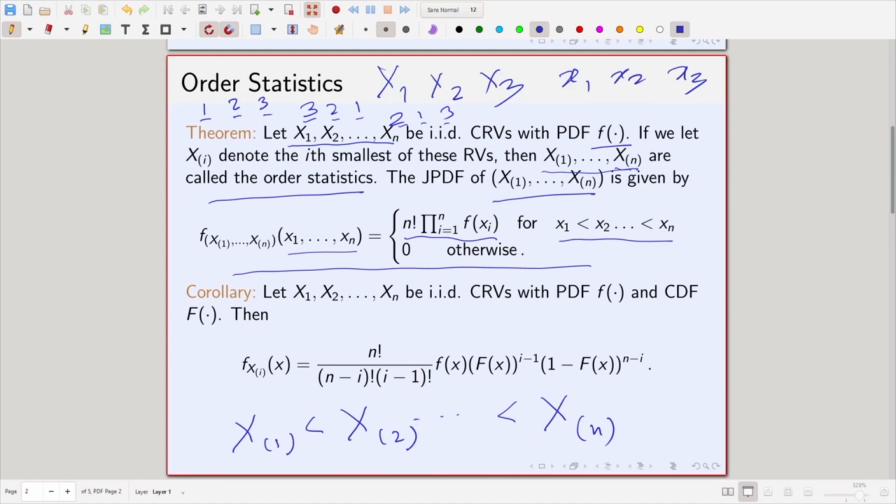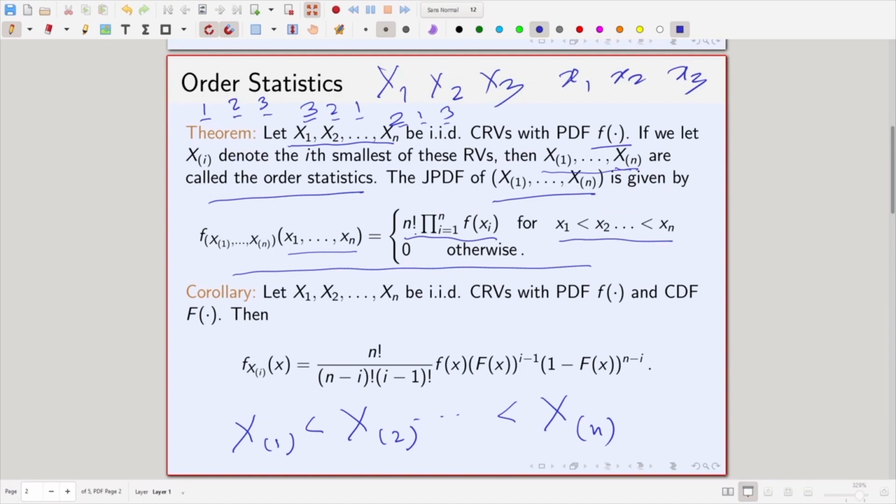But if I just take the numbers and order them, they give me just one thing, 1, 2, 3. So if you are doing permutations of n numbers and looking at them as n-tuples, then they are different. But if you are just ordering them, all n factorial possible permutations will give you the same ordering.